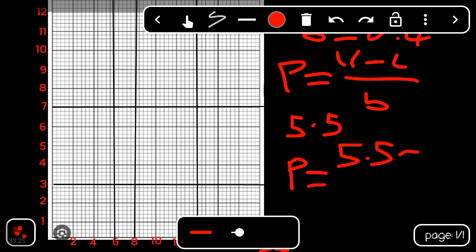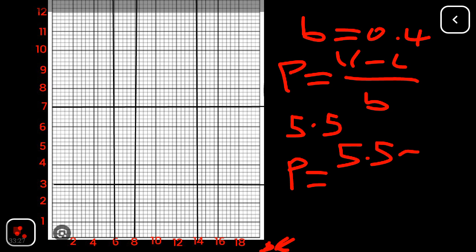So 5.5 minus 4, divided by the b there, which is 0.4. Using a calculator, 5.5 minus 4, divided by 0.4, I get 3.75.